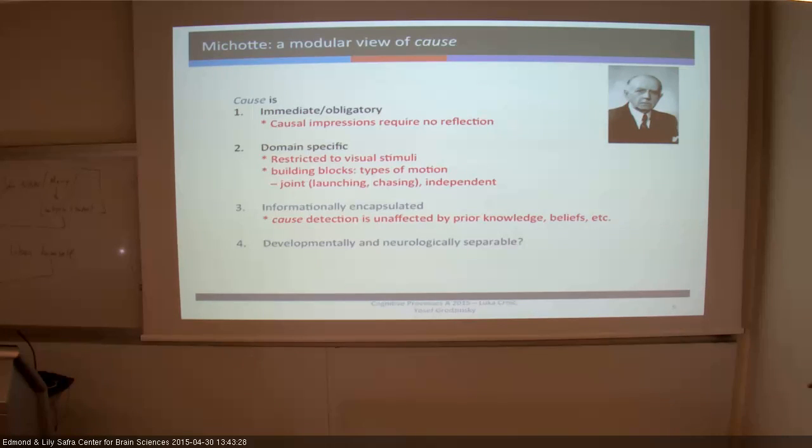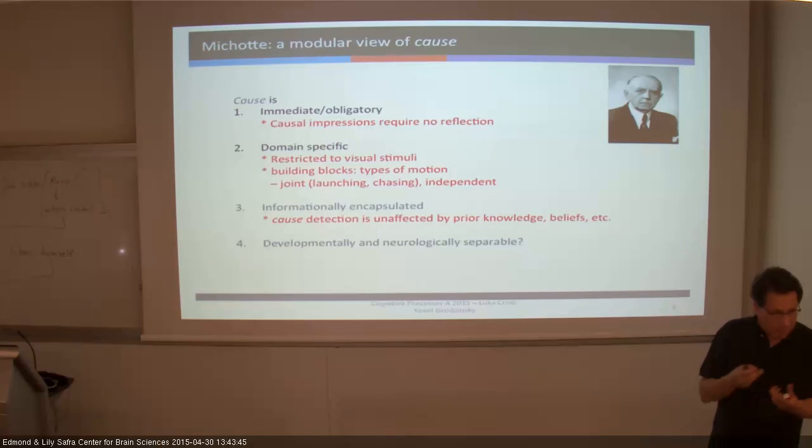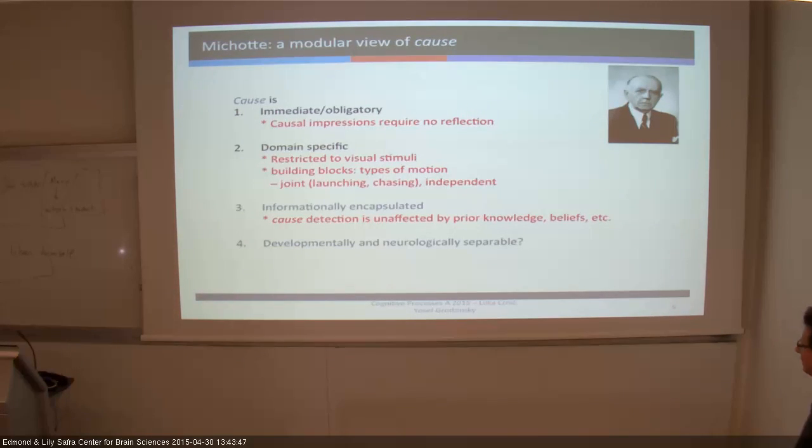And there are also independent types of motion. The idea is that these building blocks, presented to the visual modality, are what would bring about the representation of cause. That's the basic idea.